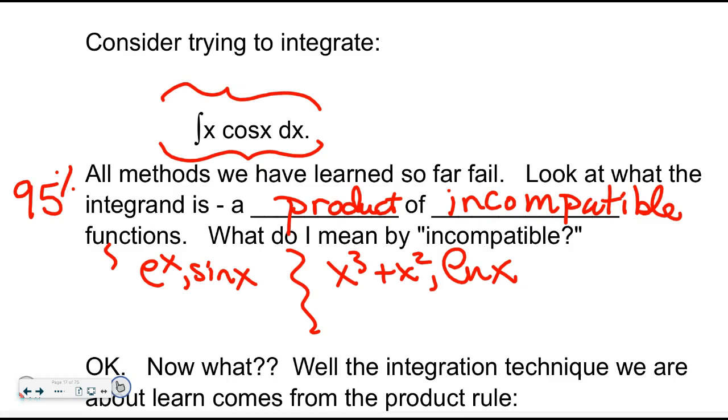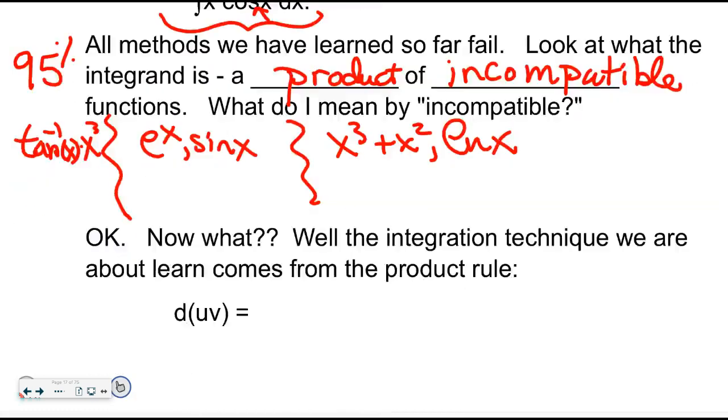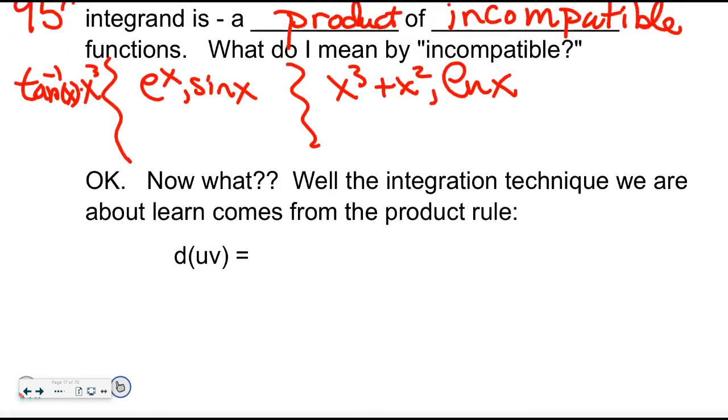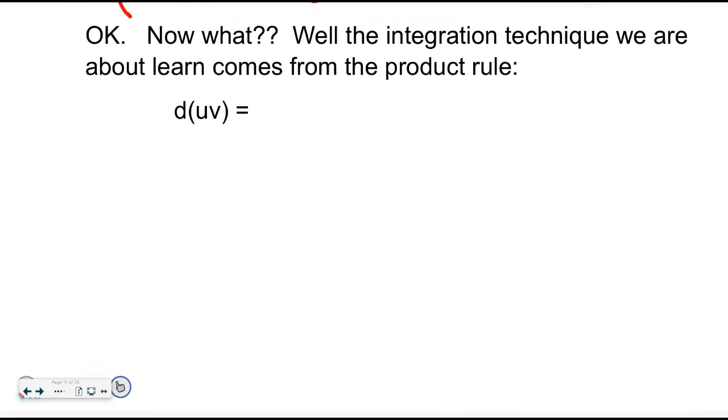Or maybe we see tan inverse, and I'm not going to write arctan because I don't have enough room on this side, and maybe it's paired with x cubed, right? They're not compatible families, and they're always a product. So up here, I have a function that's linear and a trigonometric function. In other words, down here, I've got different function families. We're going to do that on the next page, but I like to show you where it comes from.